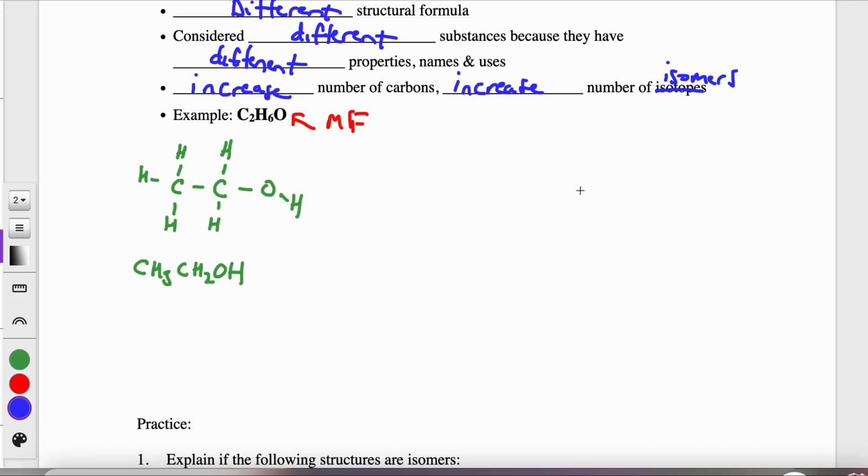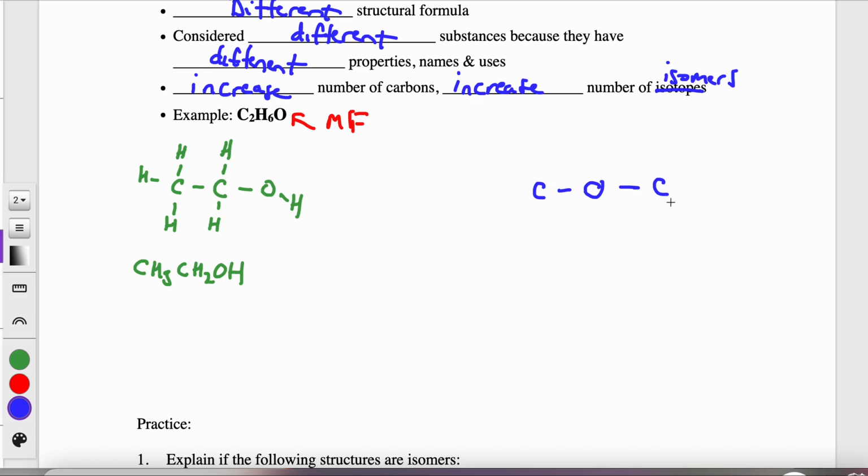Now, second structure, same molecular formula. This time, instead of linking the 2 carbons together, I'm going to build the molecule around the oxygen, and the oxygen needs 2 bonds. And on one end, I'm going to put a carbon, and on the other oxygen bond, I'm going to put the other carbon. So my oxygen has 2 bonds.